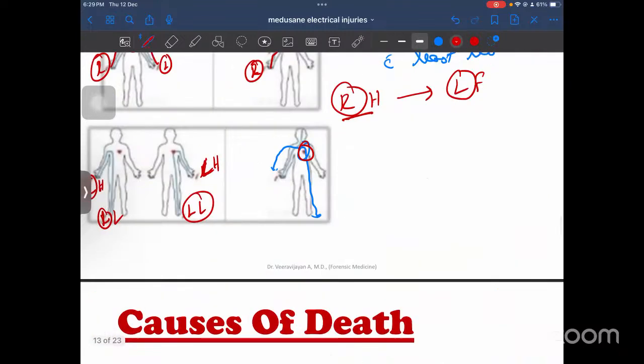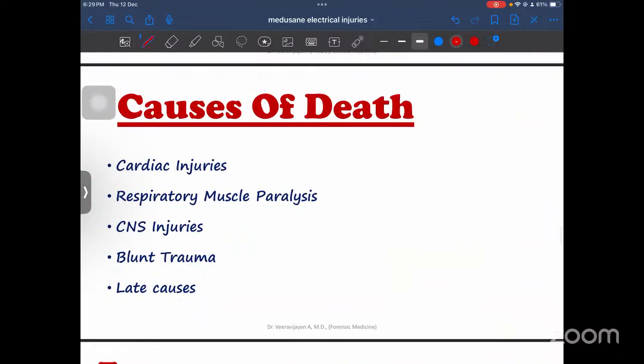Then coming to the cause of death. In the clinical features itself, I have said it causes damage to all the systems, particularly three important systems. One is cardiac, respiratory, and CNS. These are the systems which cause death in electricity due to electrocution.